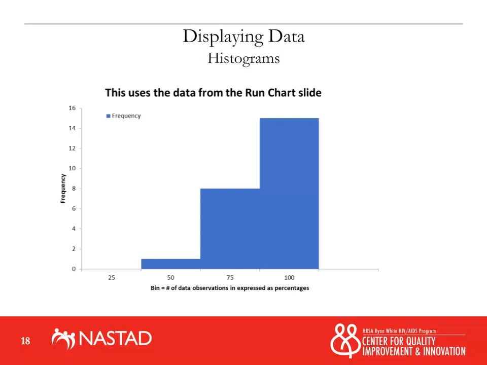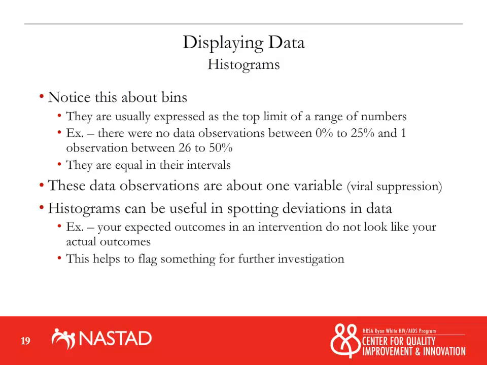The frequency in this case of all those numbers is 15. Same can be said for the 75 and the 50 bin. This tells you where you have the most number of observations over a given time period. That's useful information. So let's talk a little bit more about the bins.